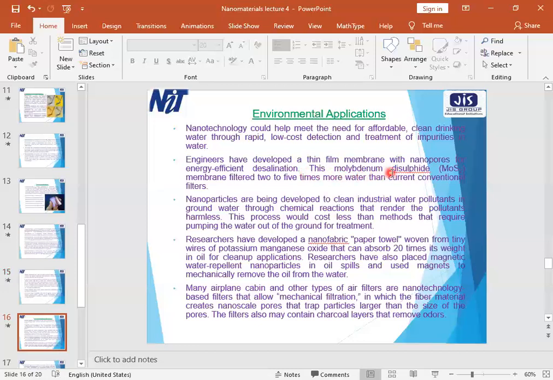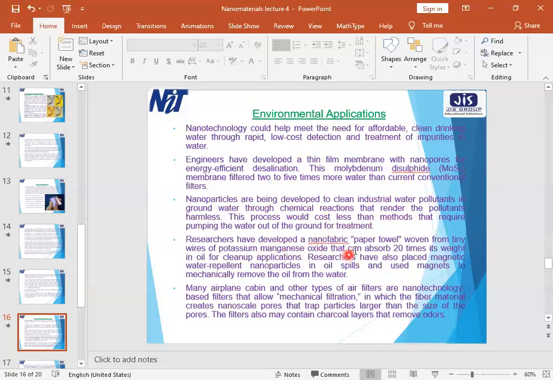This molybdenum disulfide (MoS2) membrane filtered 2 to 5 times more water than current conventional filters. So this filter has high efficiency. Nanoparticles are being developed to clean industrial water pollutants in groundwater through chemical reactions that render the pollutants harmless.